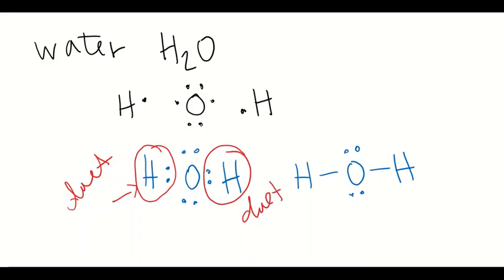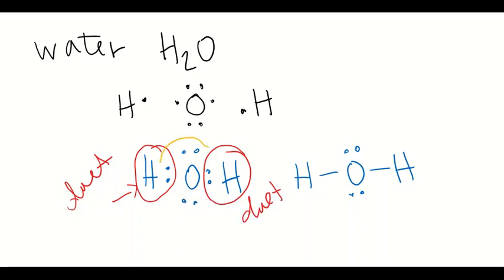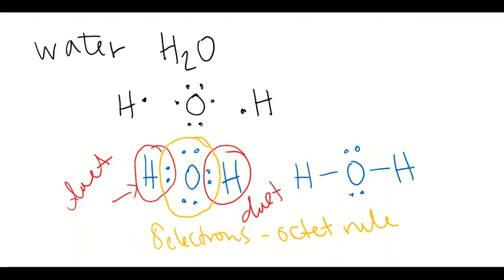Also following the duet rule, and then we can take a look at the oxygen. And it has 8 electrons. So then it's following the octet rule. So this is how you go through and decide if you made a stable drawing or not.